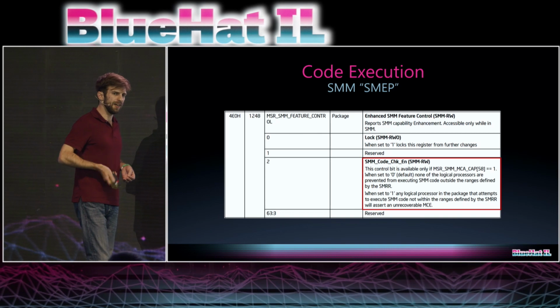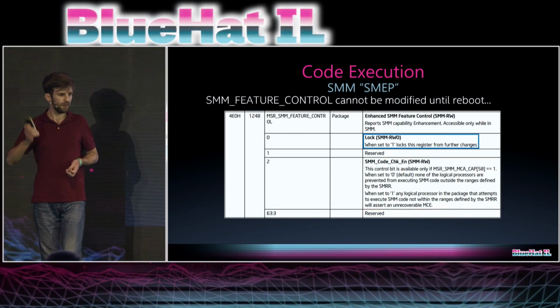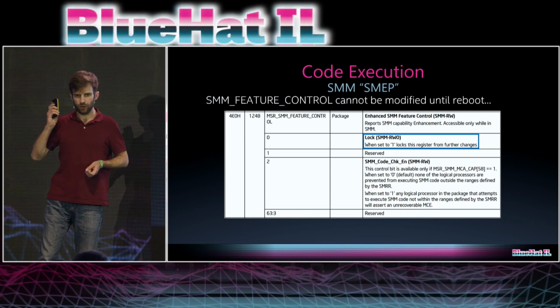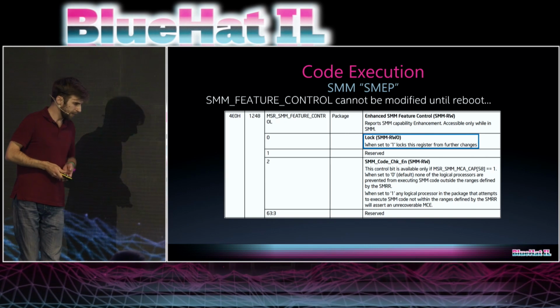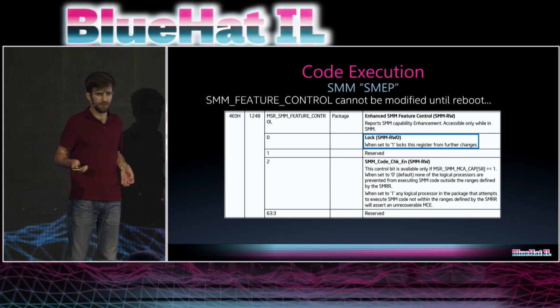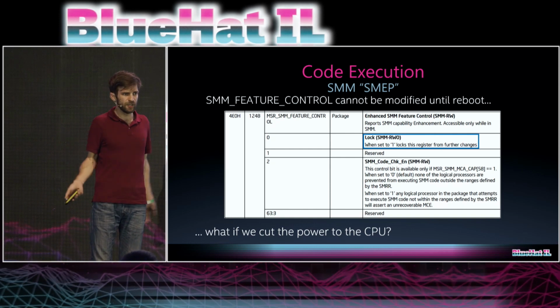And if that's not enough, there is a lock bit, which means that this MSR cannot be modified or changed in any way until the next reboot. And well, rebooting the machine or cutting down the power to the CPU kind of defeats our purpose.